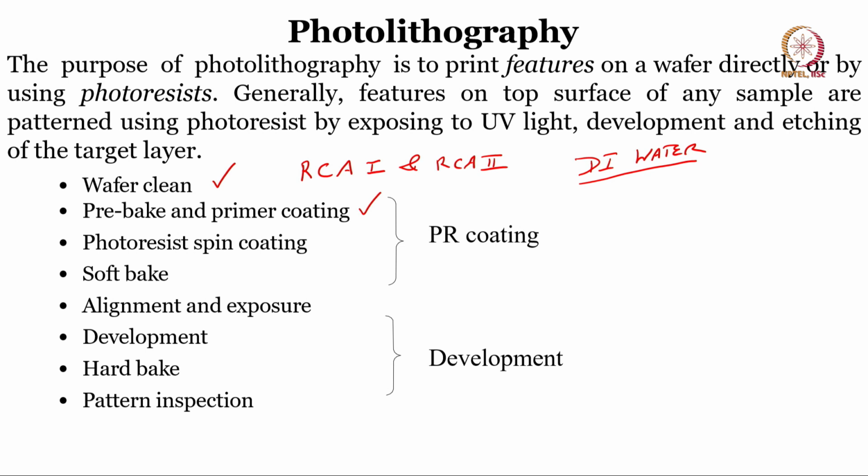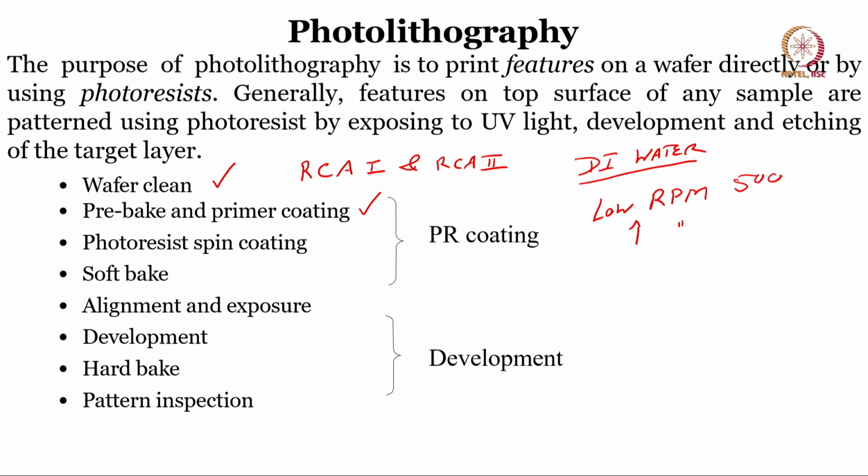The next step is you coat the photoresist. So, photoresist spin coating. Spin coating is done initially at a lower RPM, about 500 rotations per minute, followed by an increase to about 2000 to 3000 rotations per minute, okay.